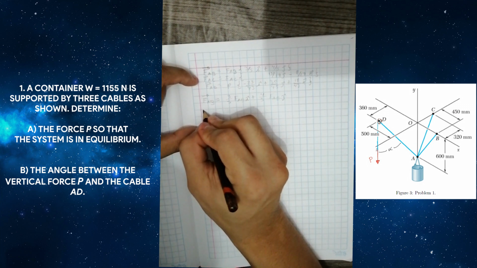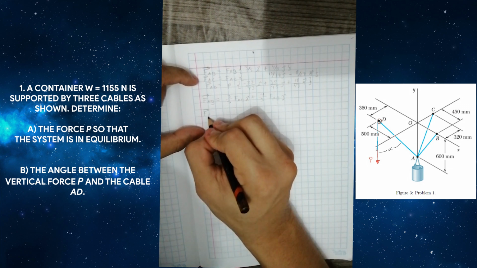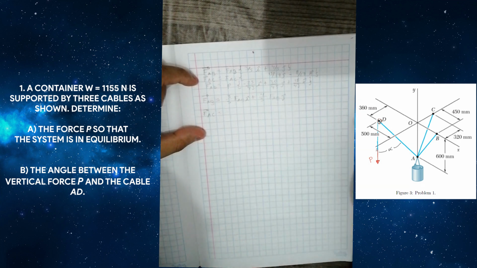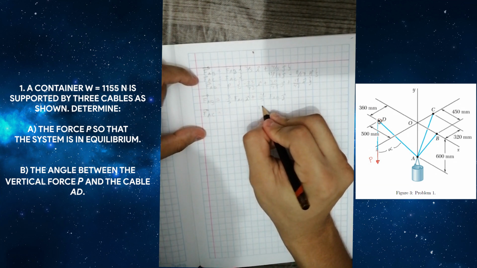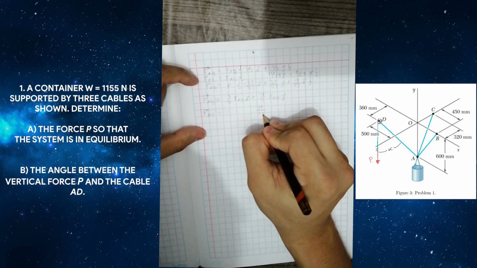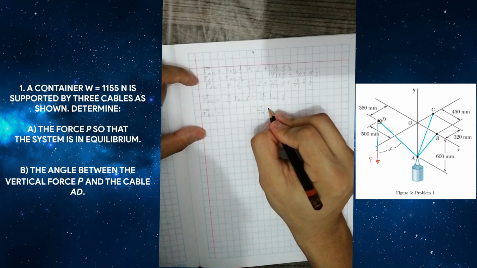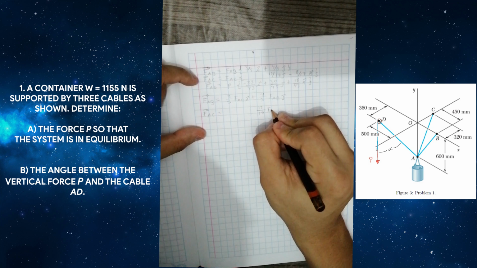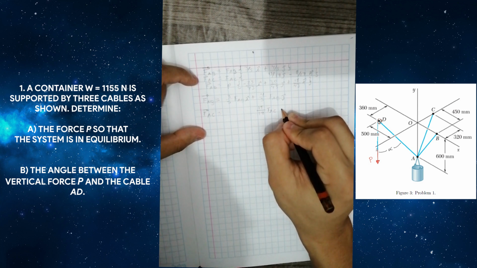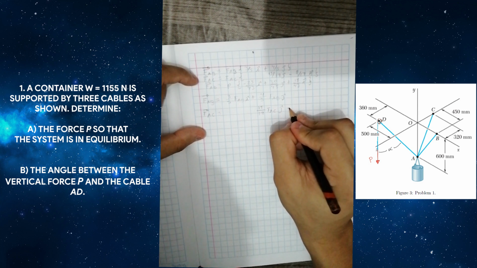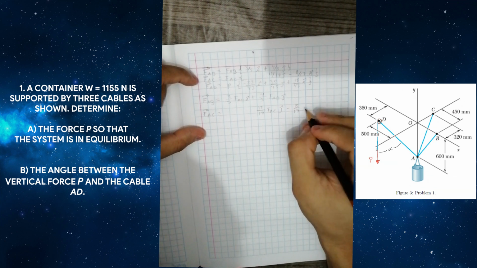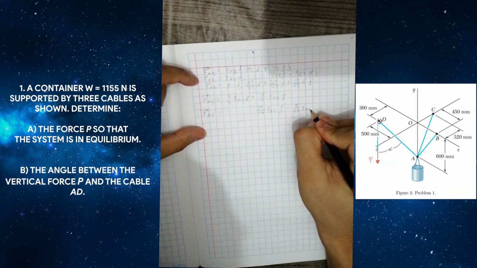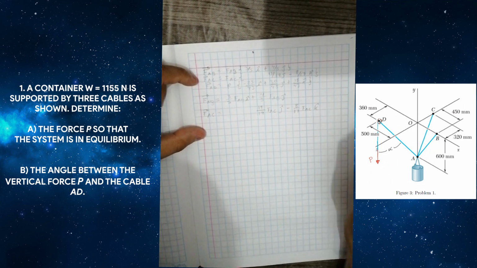For the next is the force AC, that is 15 over 17 times the force AC j minus 8 over 17 the force AC k.